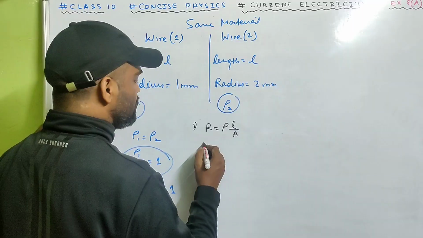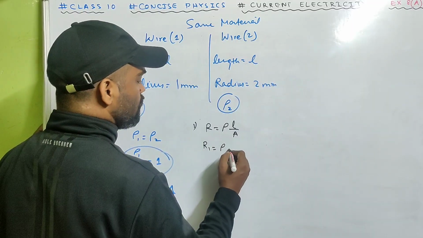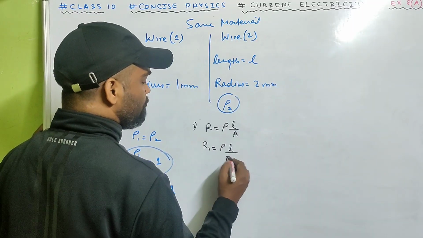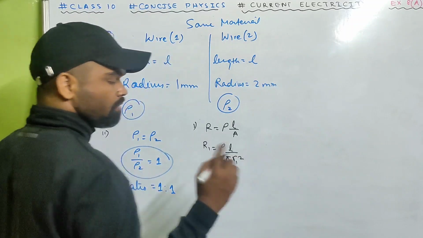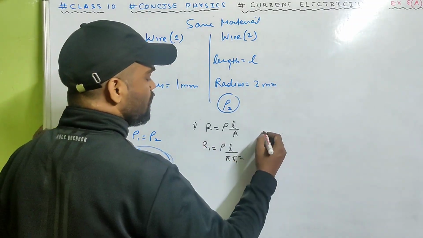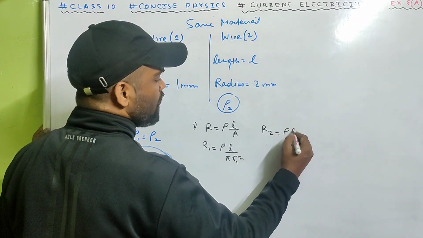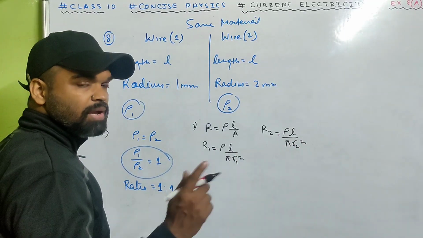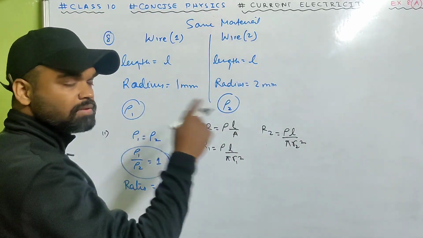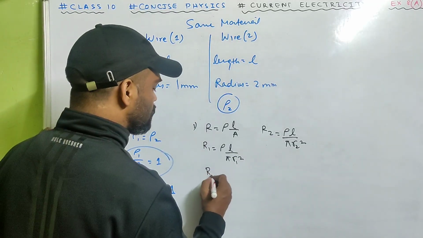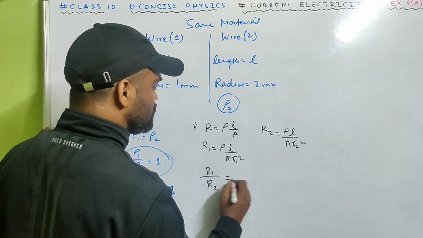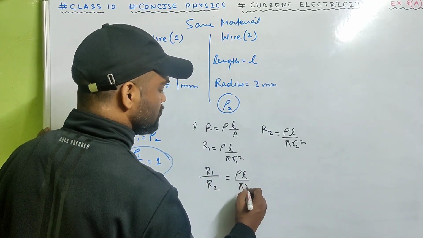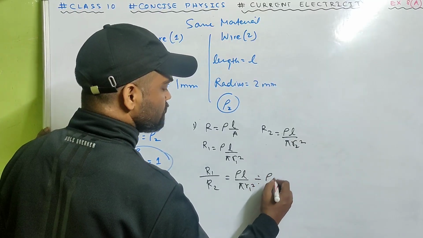So R1 is equal to rho L by A, which will be pi R1 square. Now similarly R2 will be rho L by pi R2 square. Rho will be same, L will be same because same length, same material. Now find R1 by R2. Just divide both. Let us see what happens.